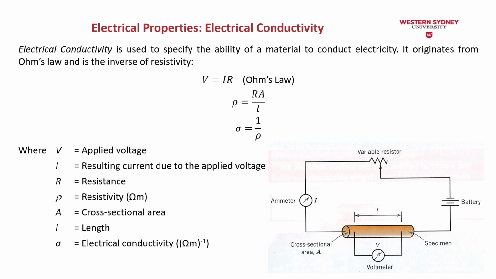The rho is the resistivity of the material in ohm meter. And the A is the cross-sectional area in that equation, and the L is the length of the specimen. The sigma is the electrical conductivity, or 1 over rho.